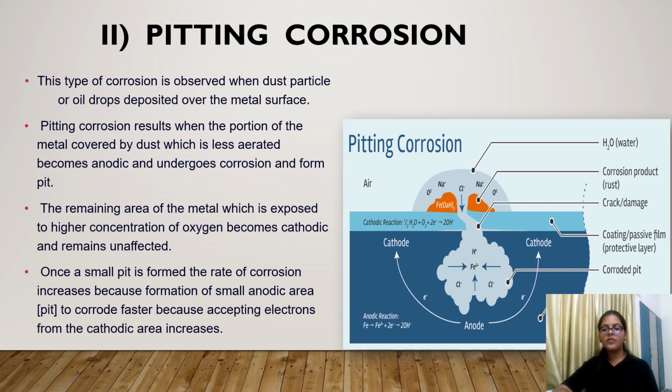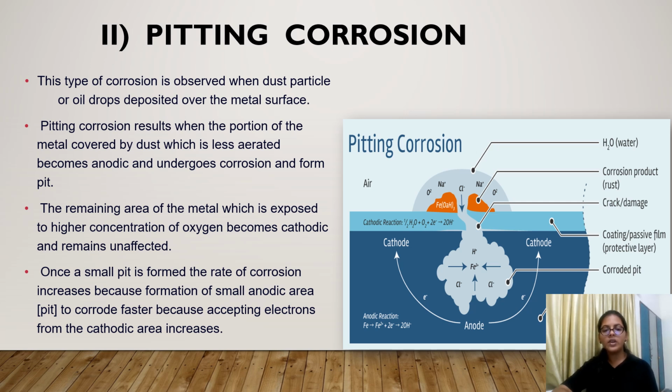The other type of differential aeration corrosion is pitting corrosion. This type of corrosion is observed when the dust particle or oil drops deposit over the metal surface. Pitting corrosion results when the portion of the metal covered by the dust, which is less aerated, becomes anodic and undergoes corrosion and forms a pit.